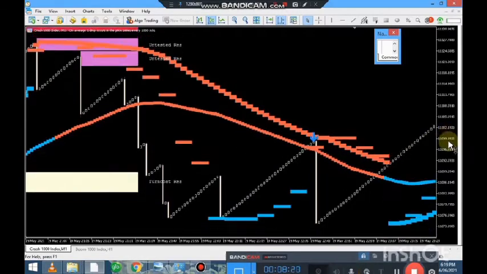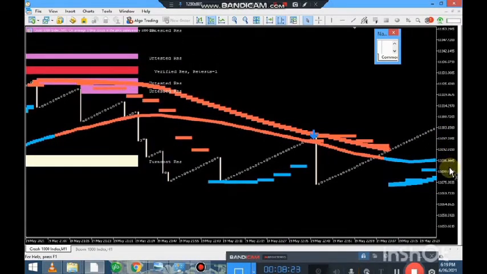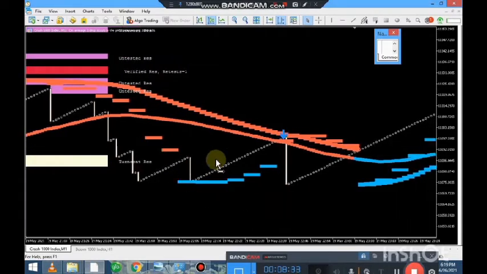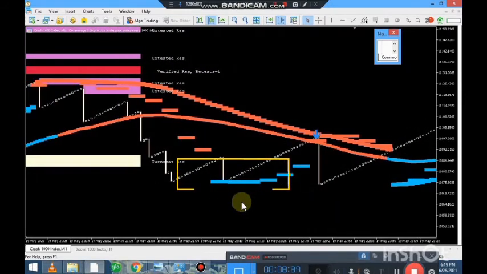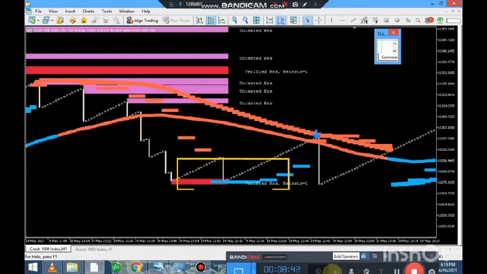So let me do one thing. Let me zoom in to reduce the scale, and let's see what the zone indicator has to offer to the condition that we have on the screen right here. So based on what we have on the screen, yes, you have a verified support confirmed.